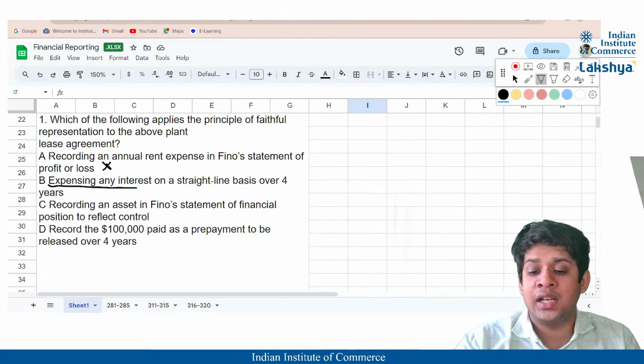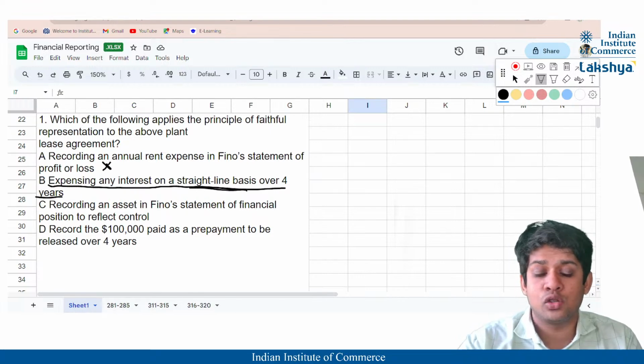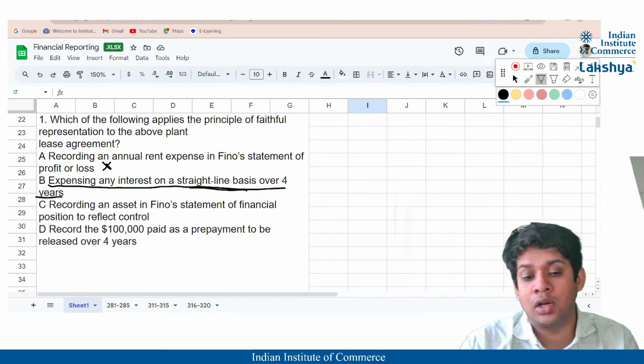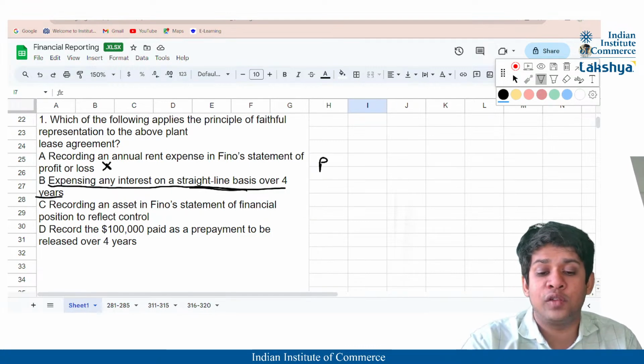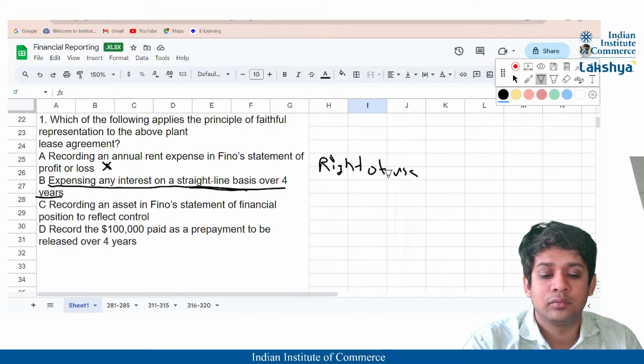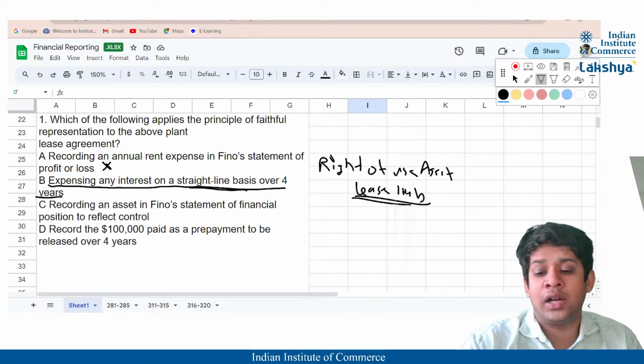Second option, expensing any interest on a straight line basis over 4 years. So technically that is also a part of the recognition exemption only, right? For this plant, we will recognize the right of use asset and lease liability, correct? The lease rental expenses or anything are not to be expensed to P&L directly.